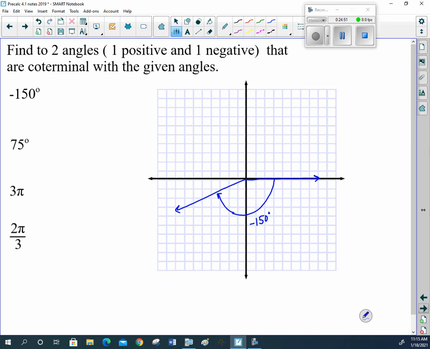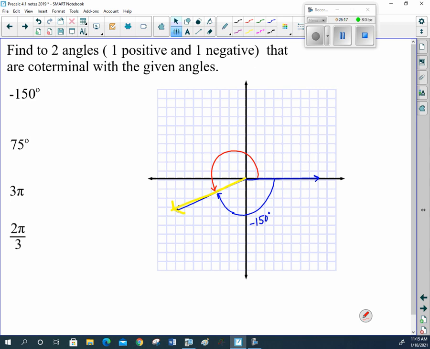So if I wanted another angle that's coterminal with one that's positive, keeping track, this is the terminal side right here. We need to figure out another measurement that gets me to that side. Well, what if we go the other direction? Let's start right here and rotate to here. What would that degree measure be?